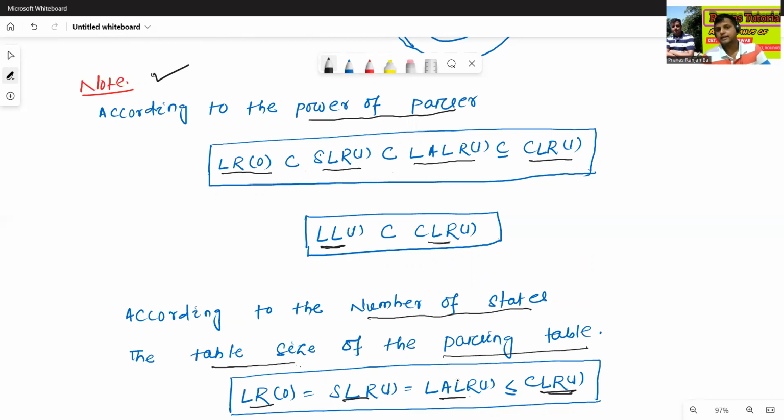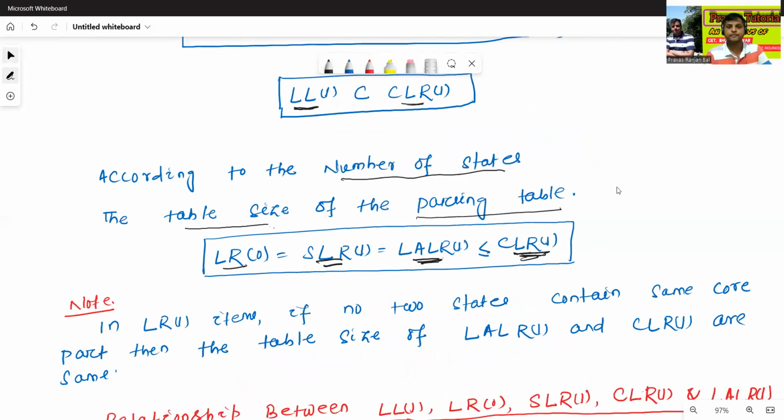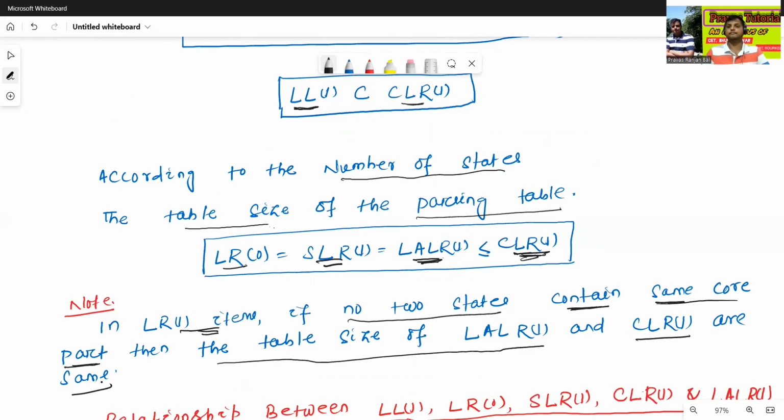But remember one point, in which case is LR0 equal to CLR1, in which case is the table size of SLR1 equal to CLR1, in which case is the table size of LALR1 equal to CLR1? Remember one important point. If in LR1 items no two states contain the same core part, then in this case the table size of LALR1 is equal to CLR1.